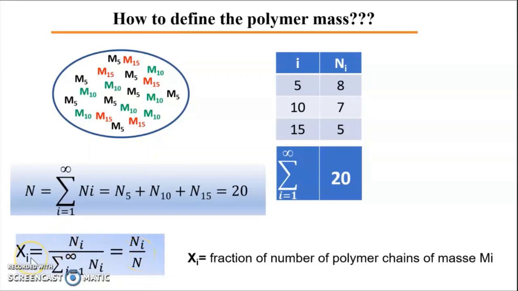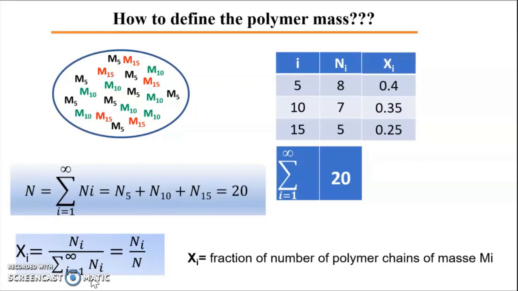So xi would be defined as Ni over N, or we put N in its value, so we have Ni over the sum of total Ni in the system.